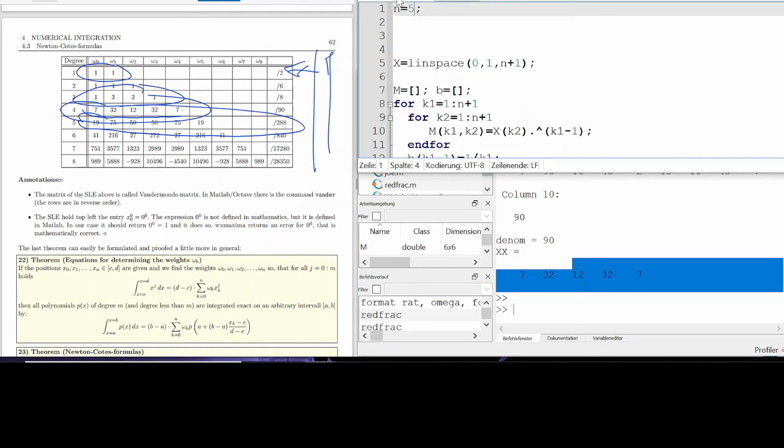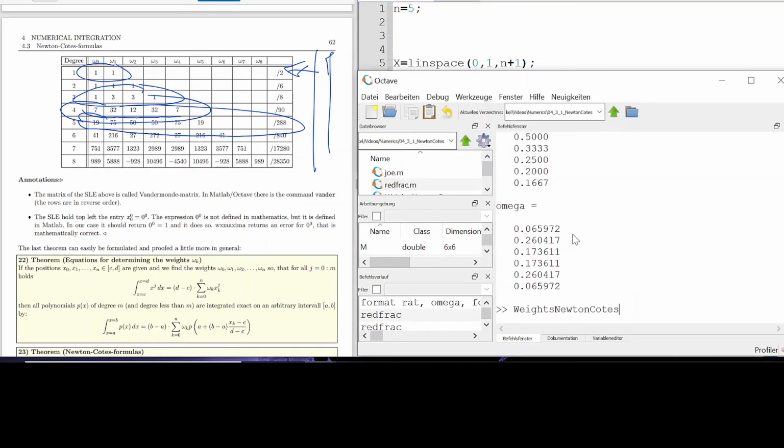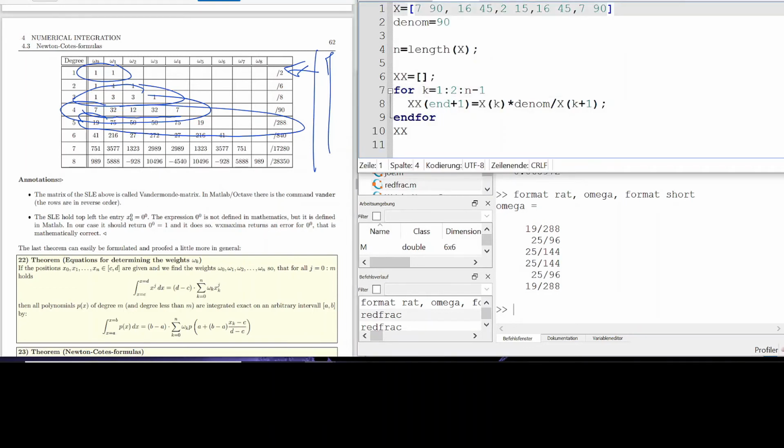Now our code with 5 gave this answer, and now let's compare these with the common denominator 288. Let's write these numbers. 9 divided by 288, 25 divided by 96, and the rest of the numbers are equal ones, so we can stop here.